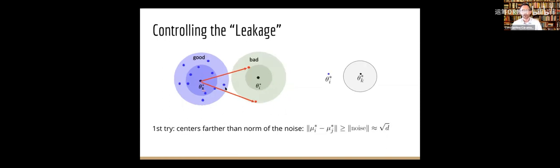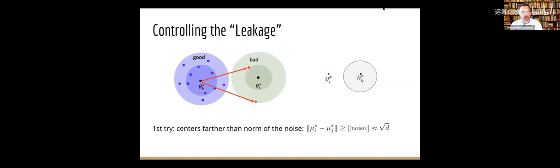So let's think about a first try. If the fundamental problem in mixtures is to control this, what do we need? How could we do it? So first try is to say, well, I know I'm in d dimensions. And again, my picture here is for Gaussian mixtures, but it applies similarly to linear regression and so on. It's just easier to draw and think about.